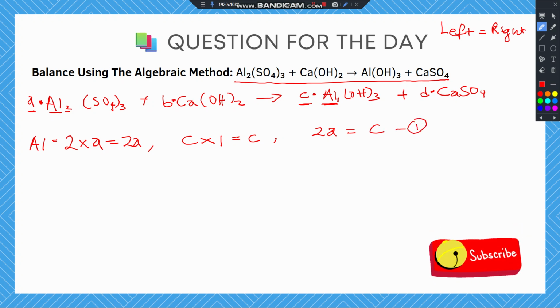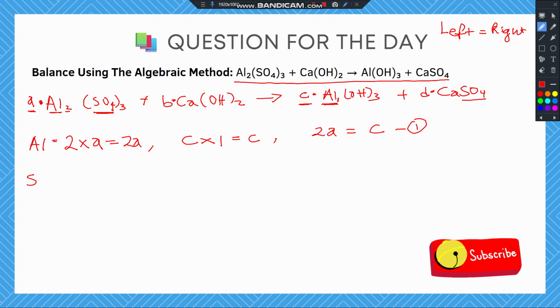Did you see that? The next element or polyatomic ion that we have in this chemical equation is the sulfate ion SO₄. You can see it appears on the left and it also appears on the right. And when you are balancing a chemical equation that has a polyatomic ion, you treat it as an individual unit.